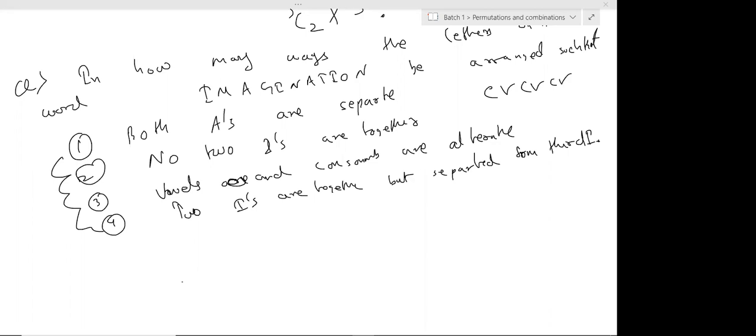So for the second one, we should not consider the third I. No, no, no. That means all the I's are separate, right? If they are saying no 2 I's are together, that means no I's are together. Okay, sir. All the I's are separate.